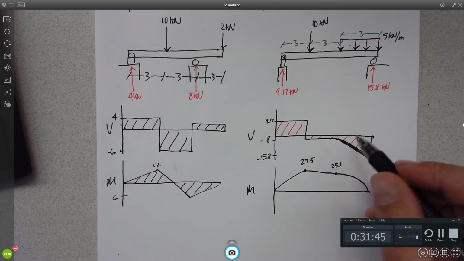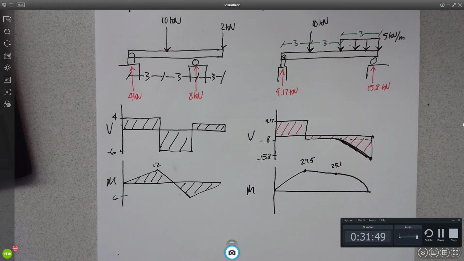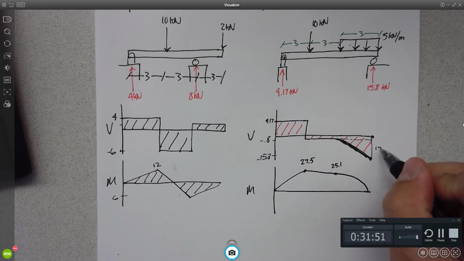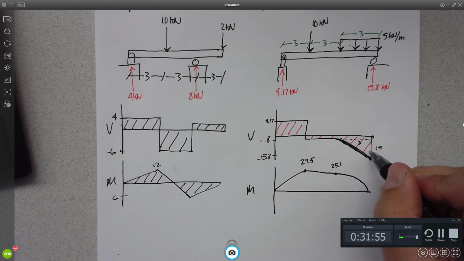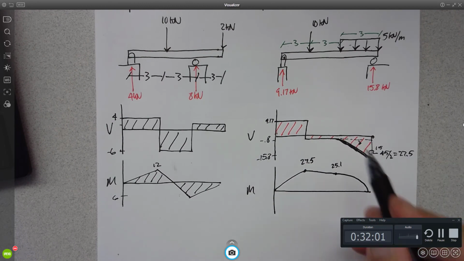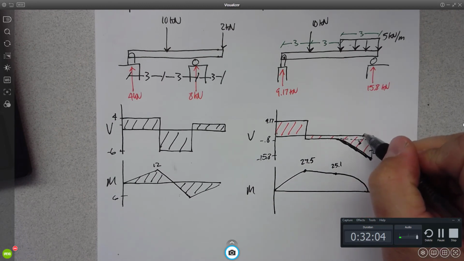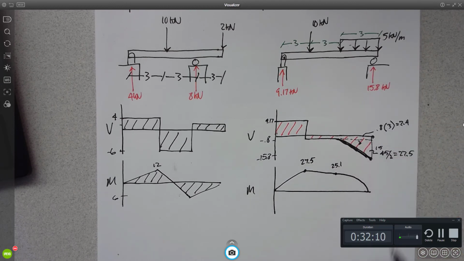Well, I could figure that out if I wanted to. I have a triangle here that has a height of 15 and a run of 3, right? So the total area there would be 45 over 2, or 22.5. And then I have a rectangle here that's 0.8 times 3, or 2.4. So 2.4 and 22.5 is really close to 25.1.